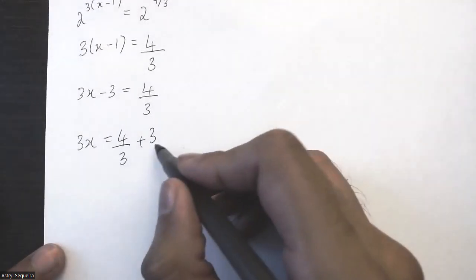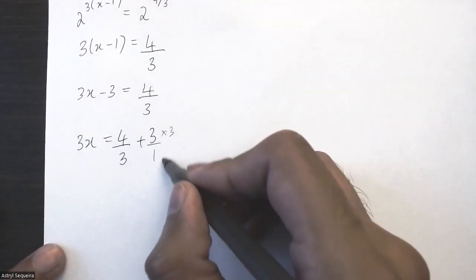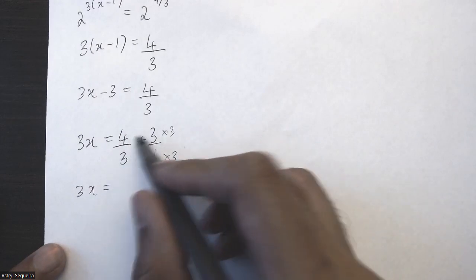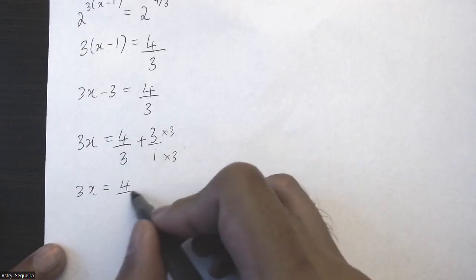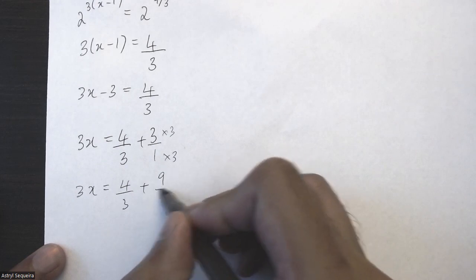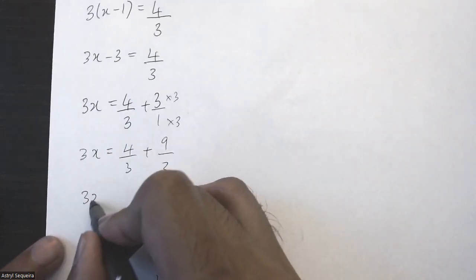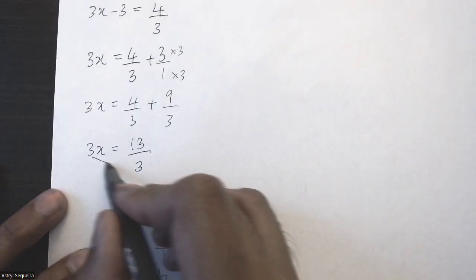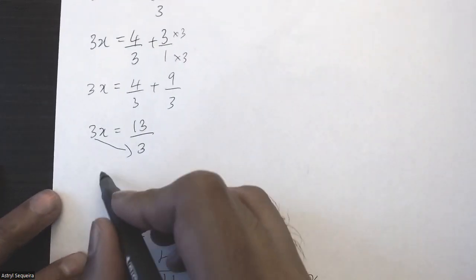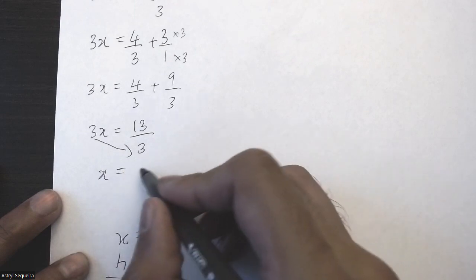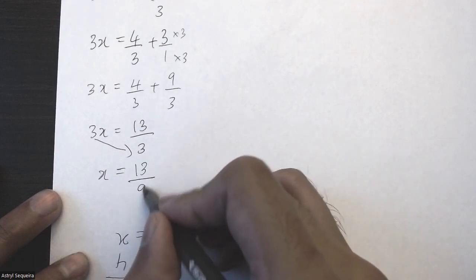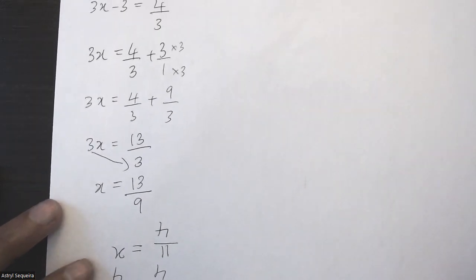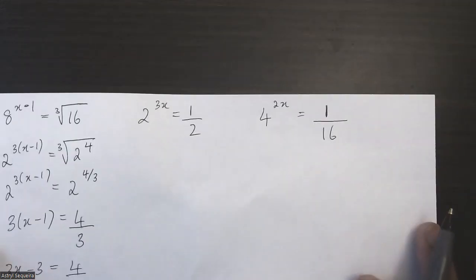So what you want to do is just make a common denominator, multiply 3 on the bottom over here and 3 on the top. 3x equals 4 over 3 plus 9 over 3. So 3x equals 13 over 3. And you want to just cross multiply this 3 to the denominator of the other side, basically dividing. It's going to become 13 over 9, and that cannot be simplified. So that is my final solution for this one.